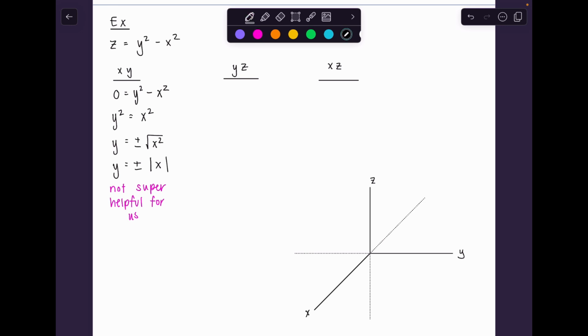So the yz trace is z equals y squared. That is a parabola. The xz trace is z equals negative x squared, which is a parabola that's just pointing downward.